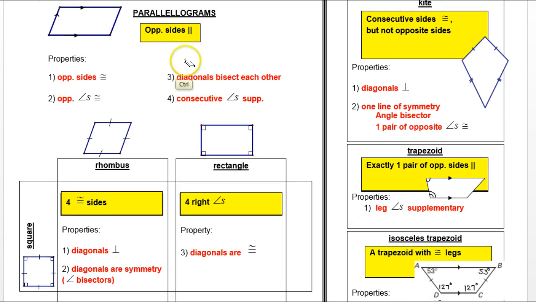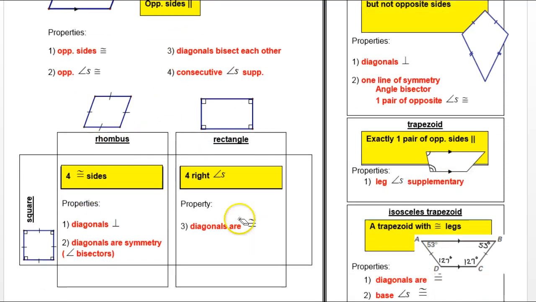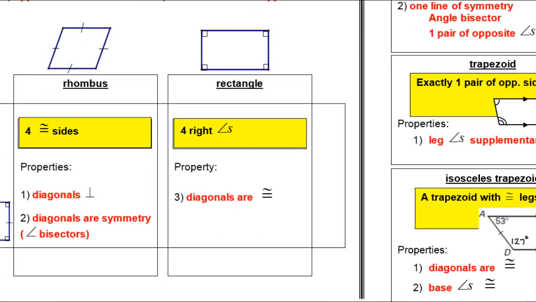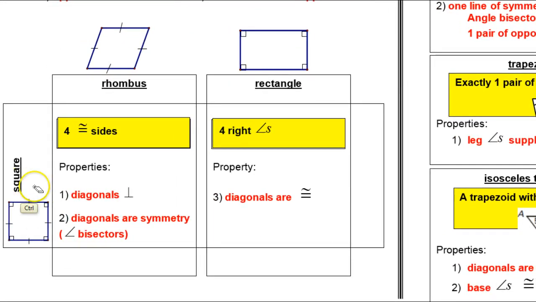Now, all 5 of those things will apply to a rhombus, a rectangle, and a square. But let's zoom in and talk about the square, the rhombus, and the rectangle. So, a rhombus has its own definition and special properties. A rhombus is a parallelogram that has 4 congruent sides.